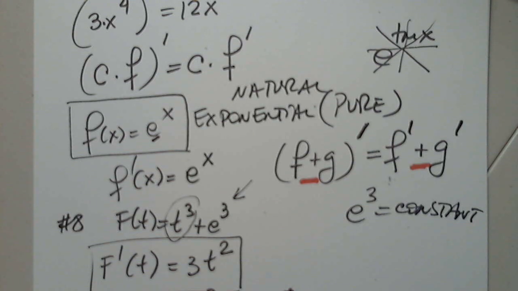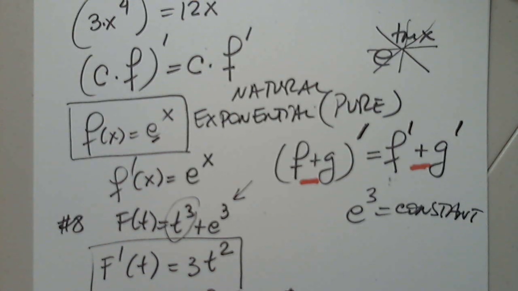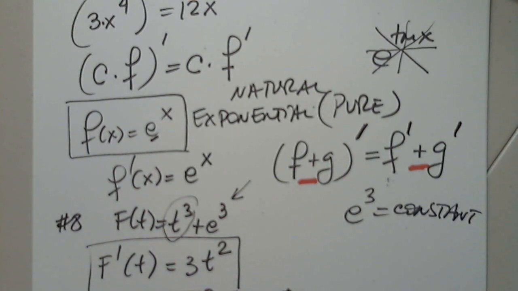Okay, so let's start with number 12. So we want to determine v prime of t. Can anyone tell us how to write this? Or what is the starting point? Step by step, what do I have to write? The power of 3/5 minus 1.